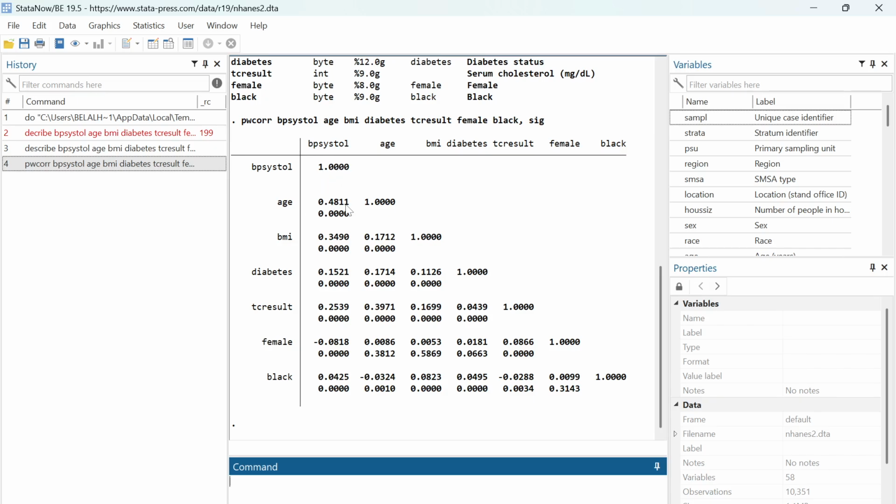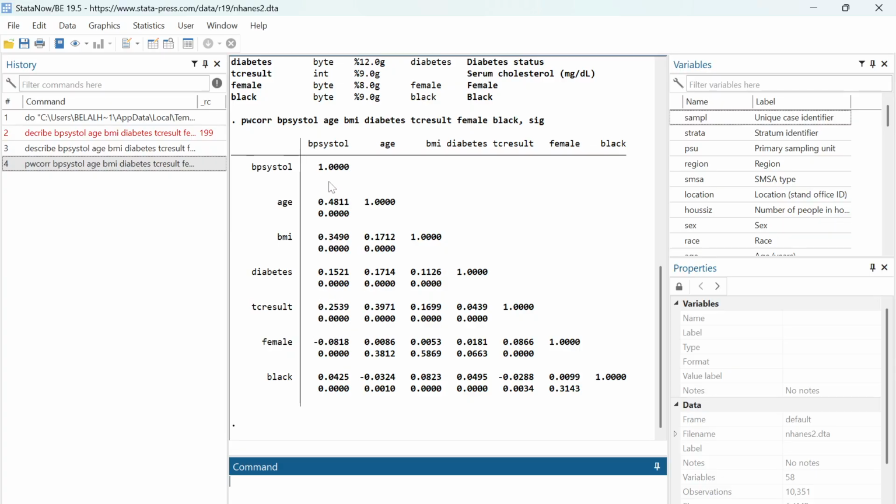The first number is called the correlation coefficient. The second number is the significance level, the p-value, and you know that any value less than 0.05 is statistically significant, right? So you can see these values are less than 0.05.